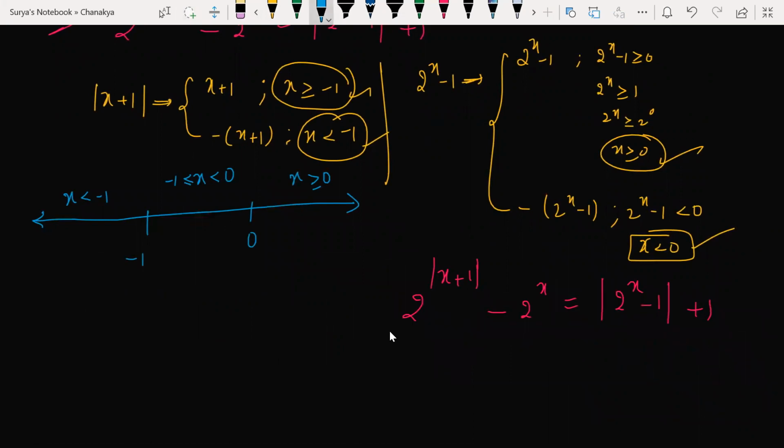I'm talking about case 1, beta. Case 1, what I'm taking? x less than minus 1. I'm taking this as case 1. So when x less than minus 1, how is this going to behave?